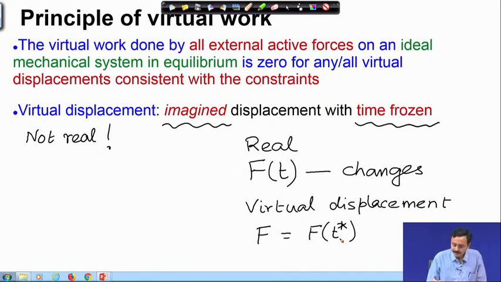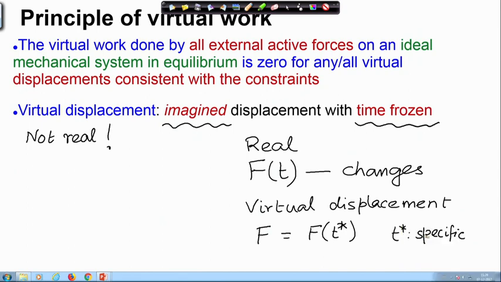So, this is a specific time instant where we are looking for equilibrium. So, we will fix the force at that value and let the displacement be given and then calculate the work done.